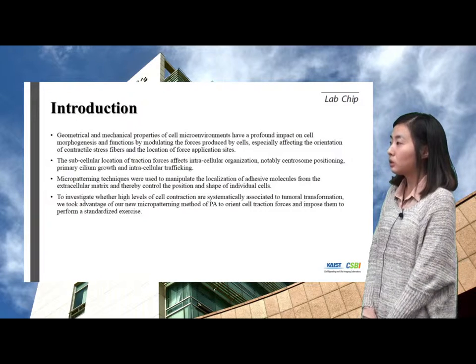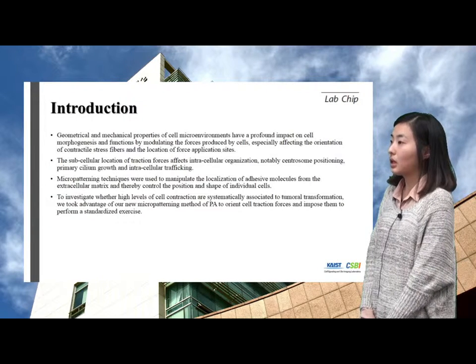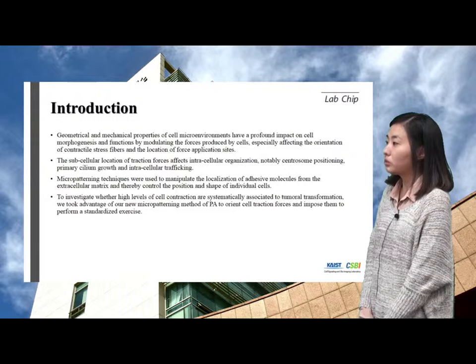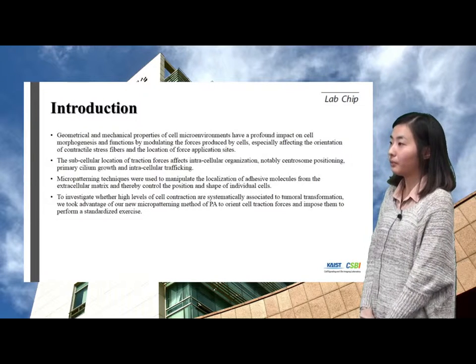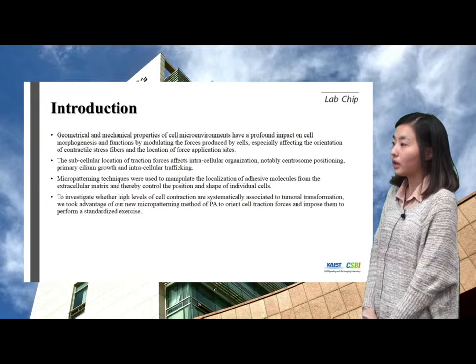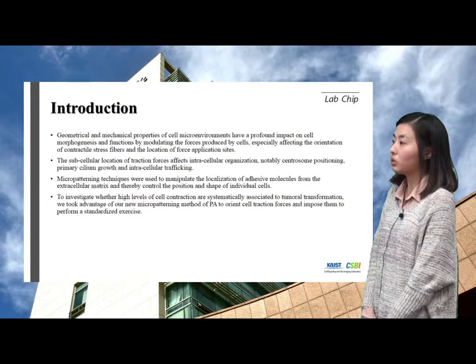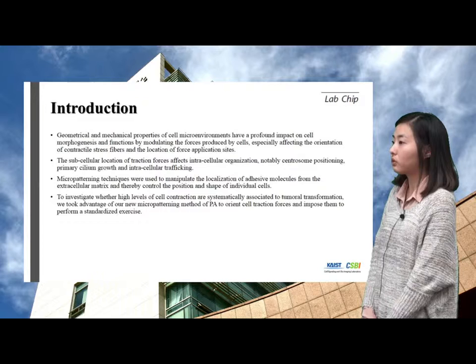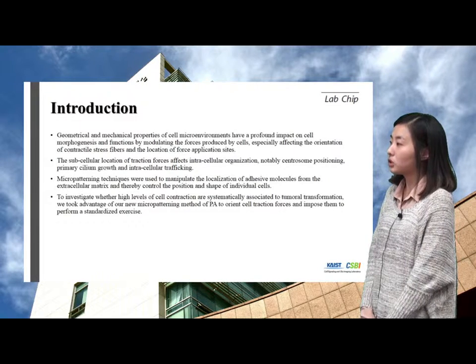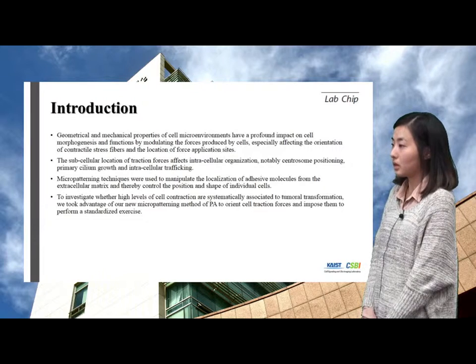The subcellular location of traction force affects intracellular organization, notably centrosome positioning, primary cilium growth, and intracellular trafficking. Micropatterning techniques were used to manipulate the localization of adhesive molecules from the extracellular matrix and thereby control the position and shape of individual cells.